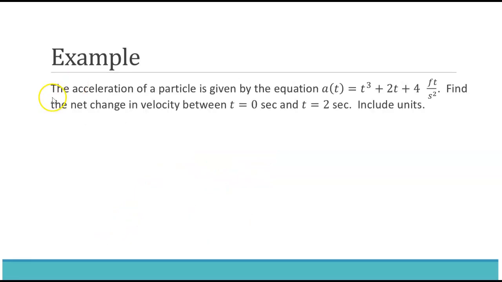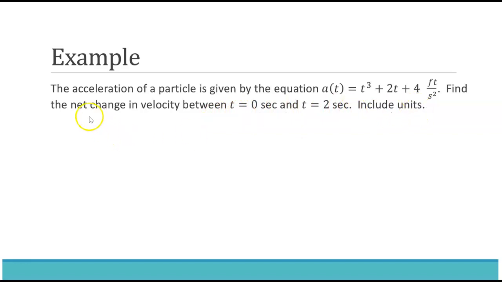In this example, we have the acceleration of a particle given by the equation a of t is equal to t cubed plus 2t plus 4 feet per second squared. Find the net change in velocity between t equals 0 seconds and t equals 2 seconds. Include units.